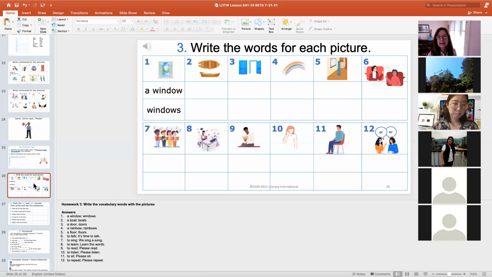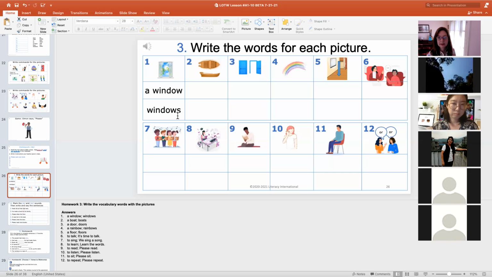Homework 3 is just to practice the vocabulary words that they learned. And number 1 is an example, a window, and then windows. So for beginners, for the level A1, they just write the singular with an article and then the plural form for nouns.